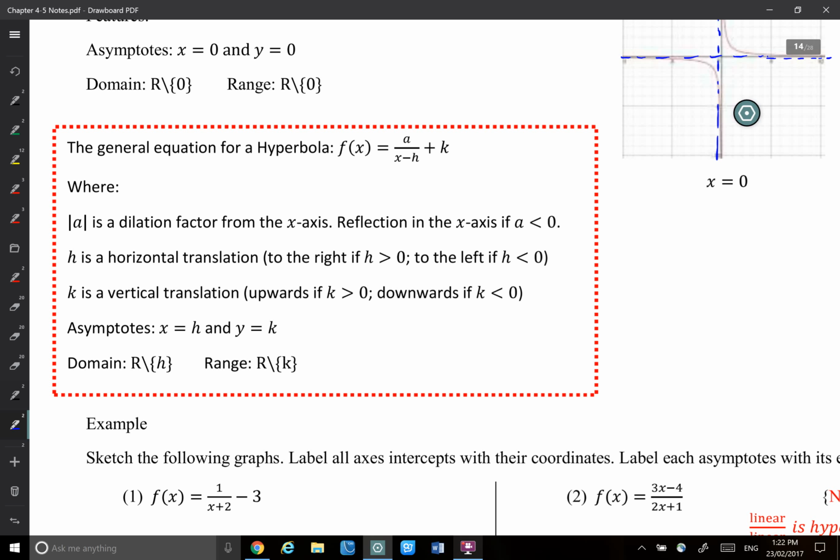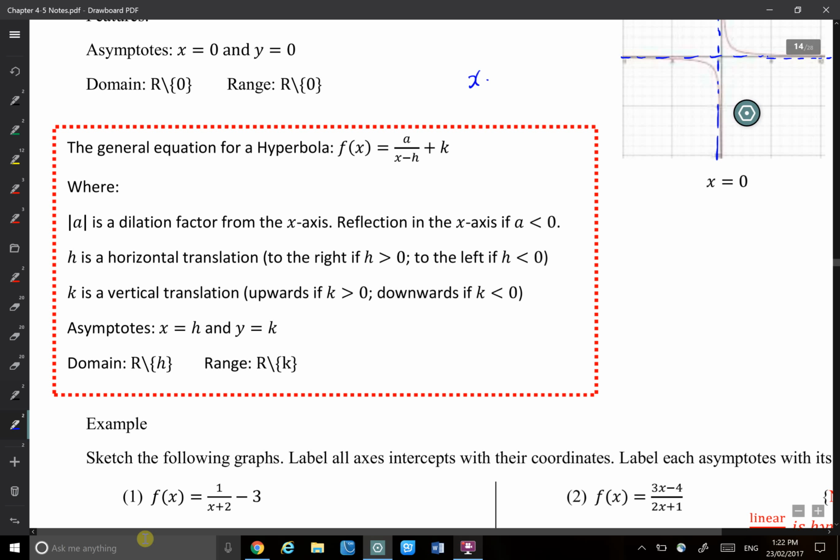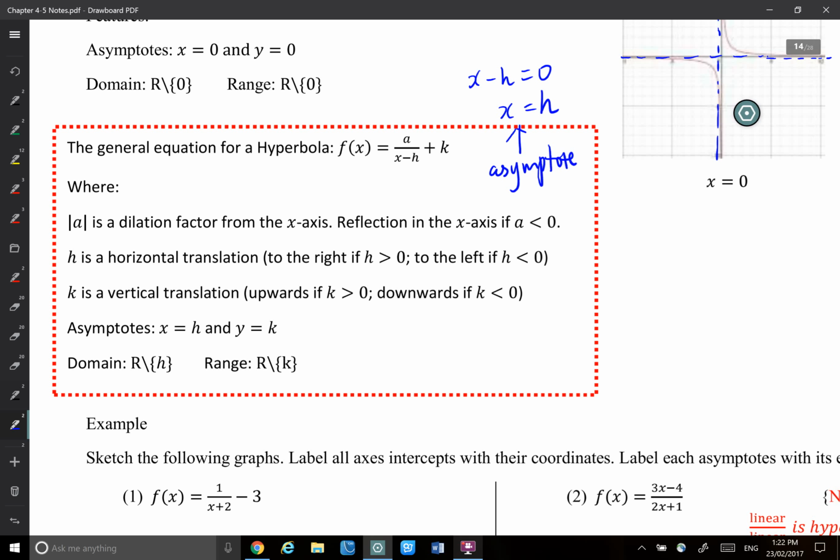So when the denominator equals 0, that value will become the asymptote, because you cannot take it.